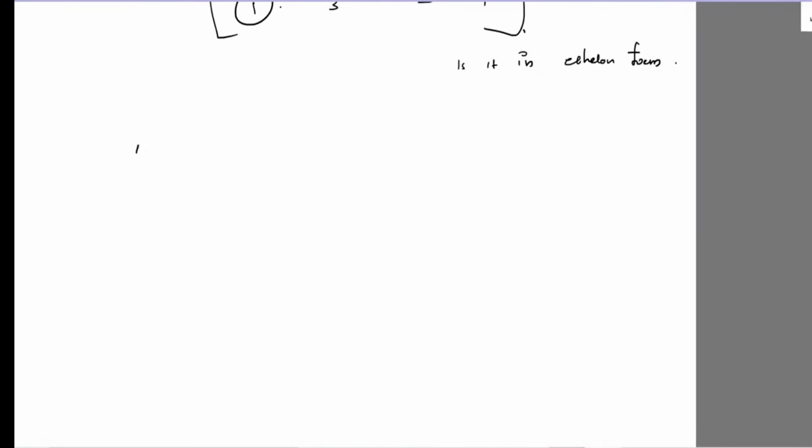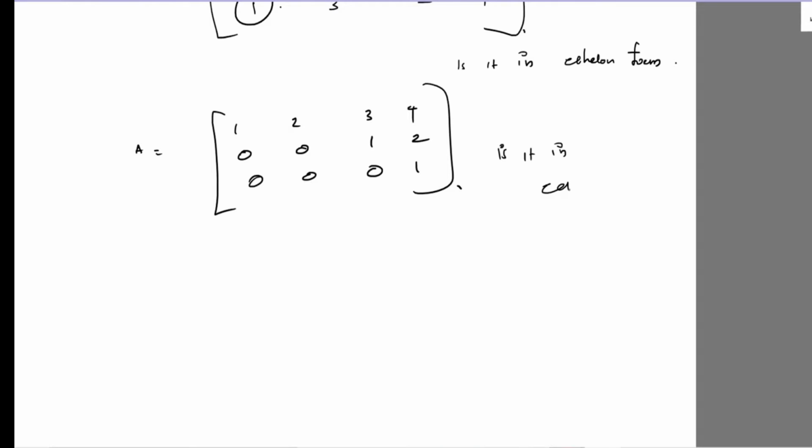Okay, what about this one? Is it in echelon form? No, sir. Why? Because in the second row, instead of zero, there must be a leading coefficient.